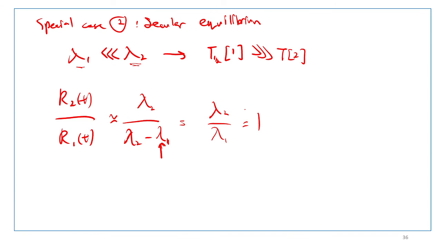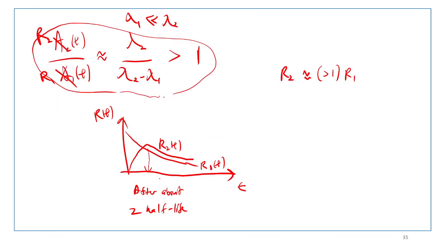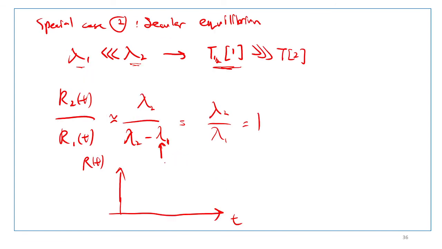So this is T, this is R of T. In this case, because the half life of the parent is way bigger than the half life of the daughter, on the same scale of time as in this figure, the parent activity will appear flat.